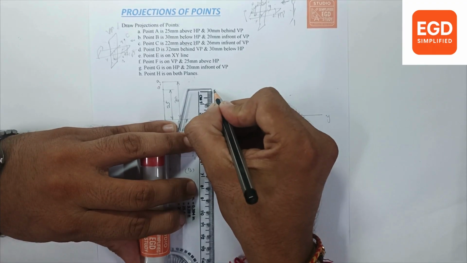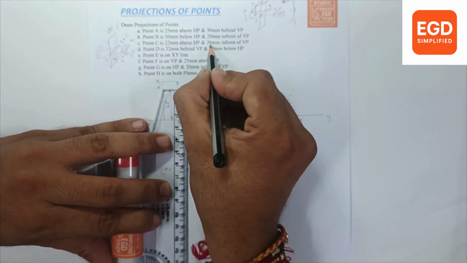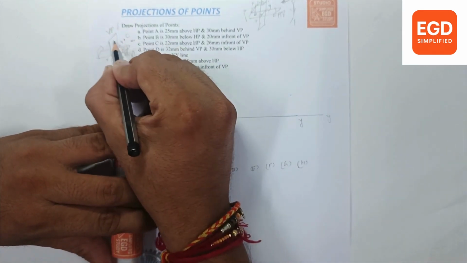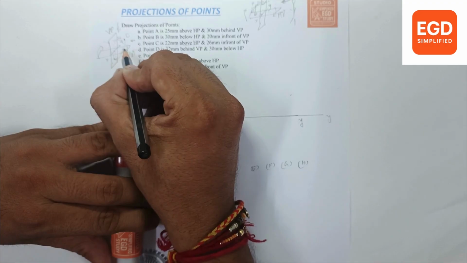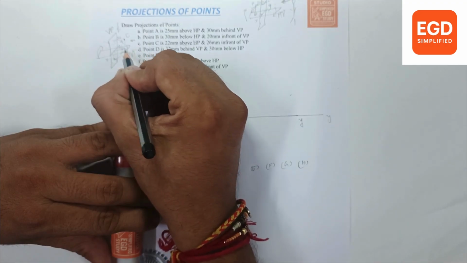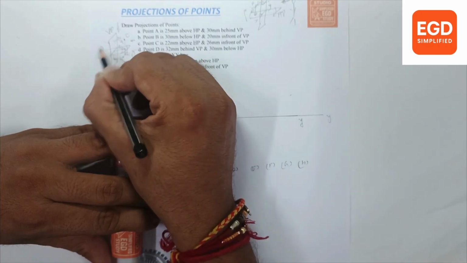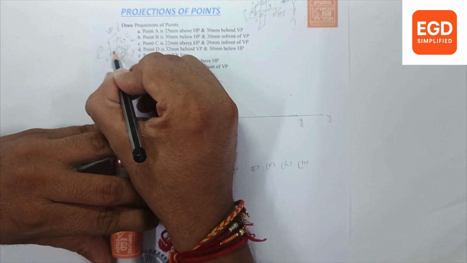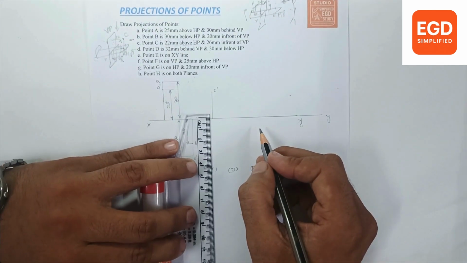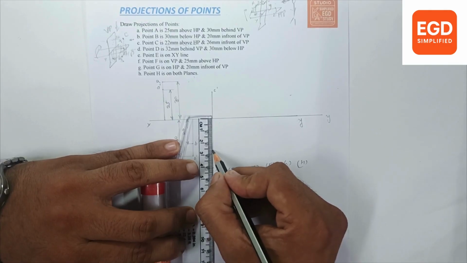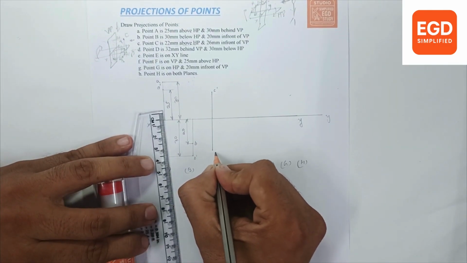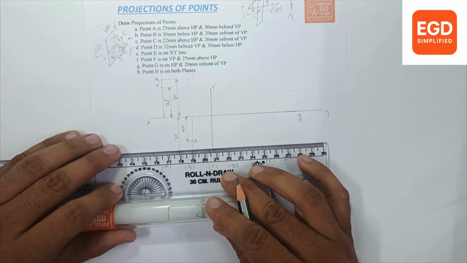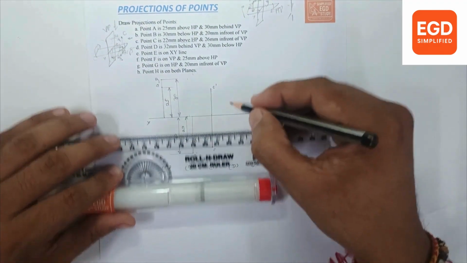It is the front view, so C dash. Then 26 mm in front of. When we see from the top, it projects on HP at a 26 mm distance, rotated 90 degrees in the clockwise direction. So 26 will be below the XY line. So from here 26 mm, point C. Give the dimensions.